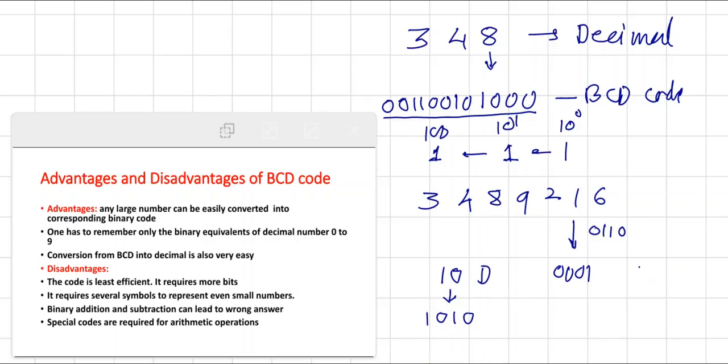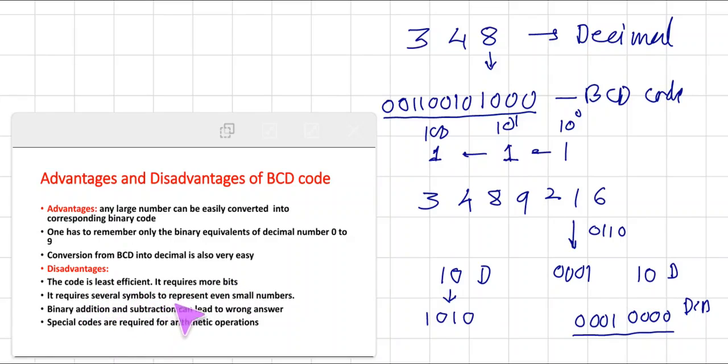But if I convert the same number 10 into BCD form, I have to write the code of 1, that is 0 0 0 1, and the code of 0, that is 0 0 0 0. So a total of 8 binary digits are required for writing this number. This is one disadvantage, that the code is least efficient, it requires more bits.